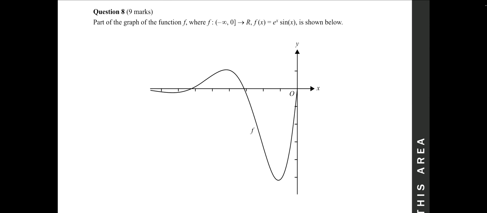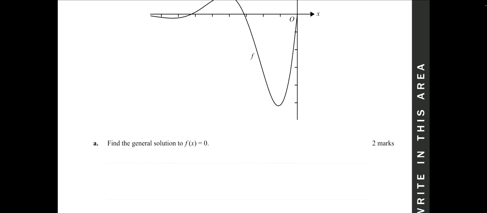Part of the graph of the function f, where f is from negative infinity to 0. So we've only got negative numbers and 0 in the domain, and we've got the product of e to the x and sine x. And they've given us the graph, which is really good. So part A, find the general solution to f(x) equals 0. So when they say general solution, this implies that we've got some parameter involved in the answer.